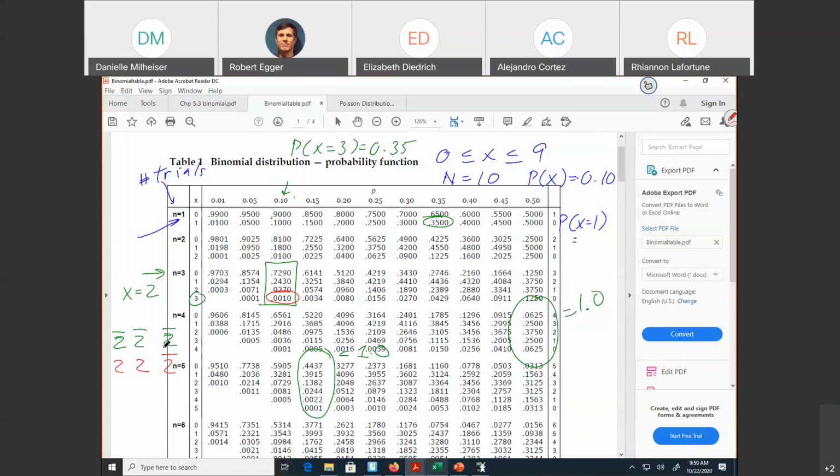Well, what's the probability of having it happen twice? Well, that's 0.027 times of it occurring 2 times. All right, so that's kind of like how I use the tables. So let's do some problems.